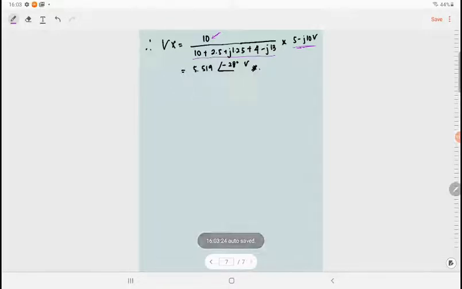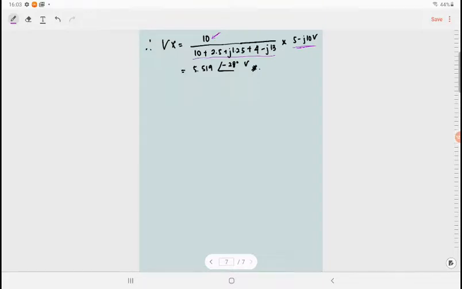Okay. So this is an example of source transformation. As you know, with source transformation, you can repeat this step. Our aim in source transformation is actually to get a very simplified circuit, and then the calculation we use to get the value that we want is a very simple calculation, right?